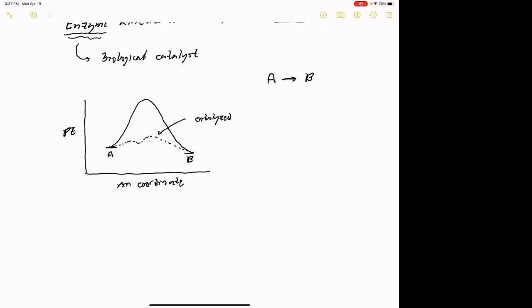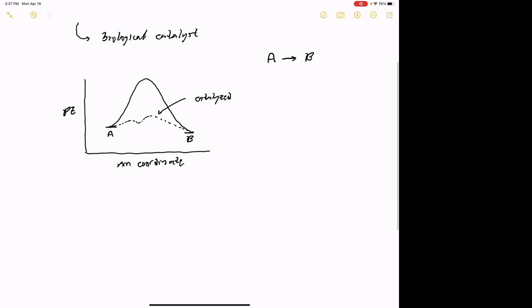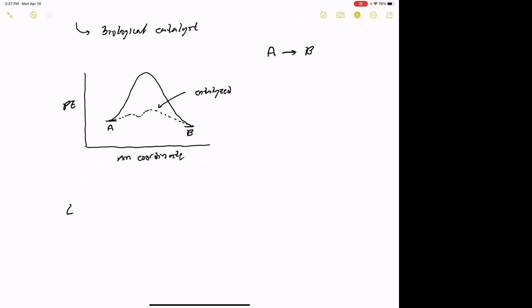Now, when we deal with an actual enzyme, we can look at it from a structural perspective. So we said an enzyme is a biological catalyst, but if we want to look at the actual structure of the enzyme, an enzyme is actually a subset of a much bigger kind of biological macromolecule called a protein.